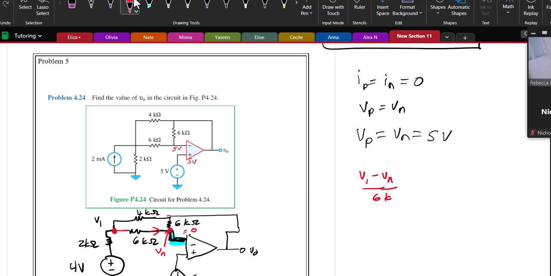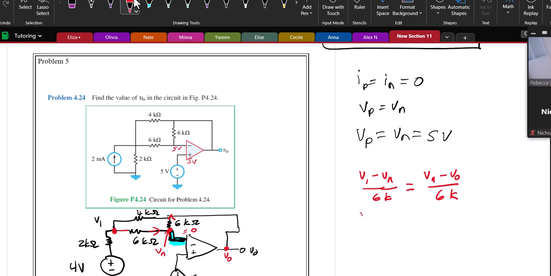All of that current then has to continue through this other 6 kilo ohm resistor. This voltage right here is V out, and so that has to be the same current, so that has to be VN minus V out over 6K. So those two currents have to be the same.